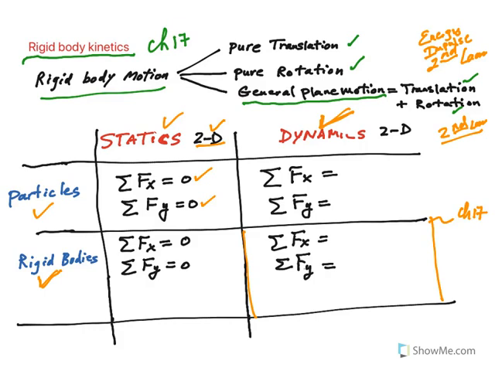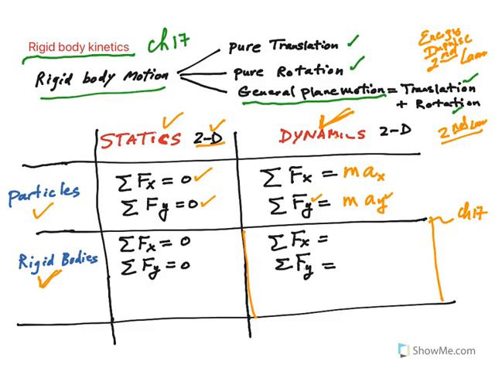So what happened in chapter 13, when we go to dynamics, kinetics of particles using the second law, sum of the forces in x is mass times acceleration in the x direction. Sum of the forces in y equals mass times the y component of acceleration, F equals ma. And you guys remember that you could also do that for curvilinear motion in the n-t directions, right? Just change the subscript.